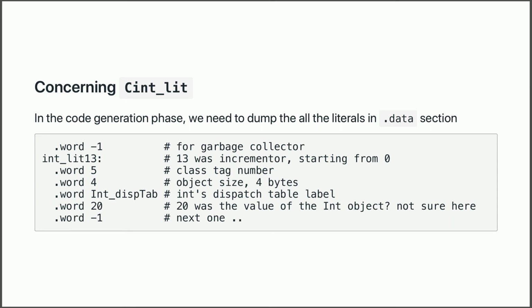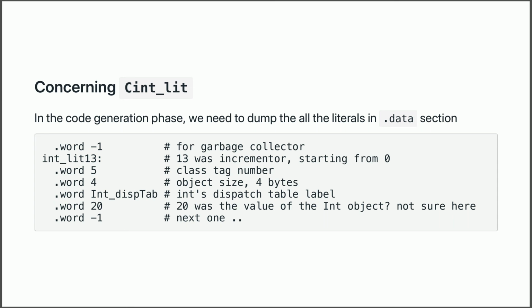Labels don't mean anything. What is happening is that when we have int literal 13, .word of 5 has an offset of 0, and .word of 4 has an offset of 4, because addresses are in bytes. Then the int dispatch table has an offset of 8, .word of 20 has an offset of 12, and so on and so forth.